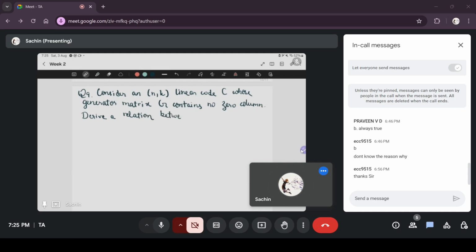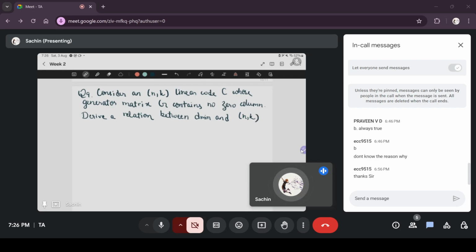Between, of course the original question is different, they are given options, but the options are not nice to look at, so I'll just write: derive a relation between d min and n, k.